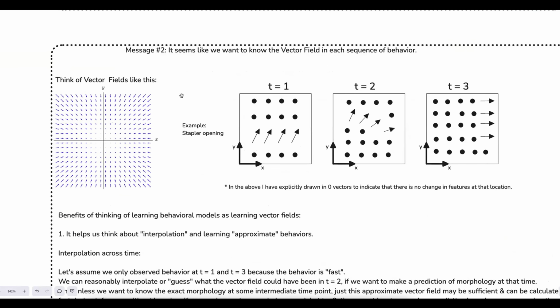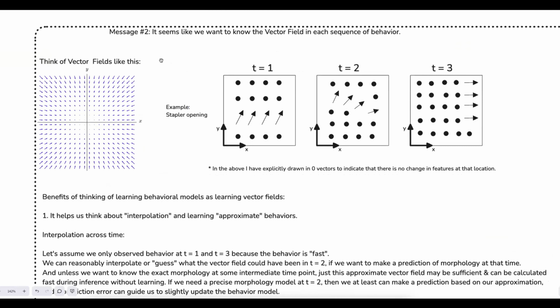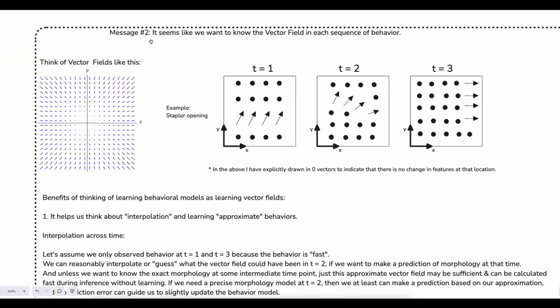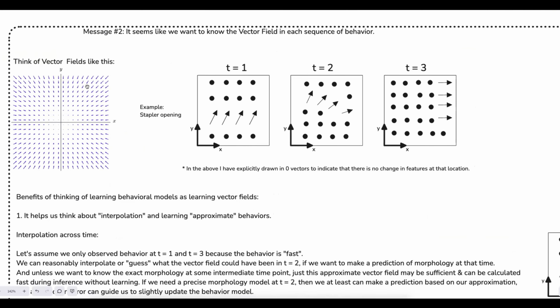So this is how I'm thinking about behavioral models. It seems that learning behavioral models means we want to learn something like vector fields, except that we don't want to learn every single point. Vector fields are usually dense, but I don't want to learn every single arrow at every single location of that object.